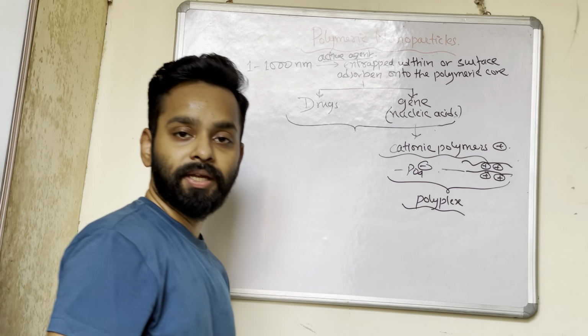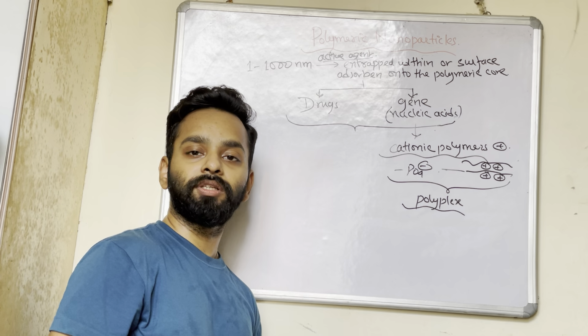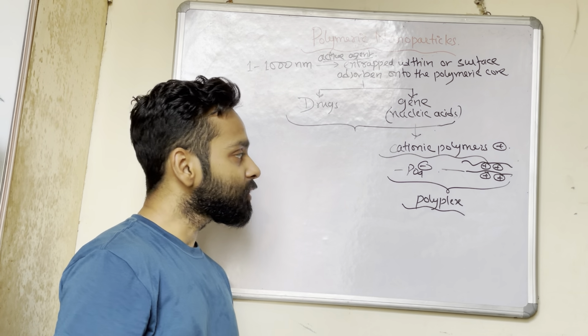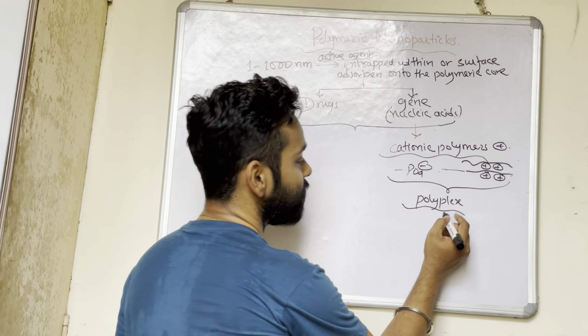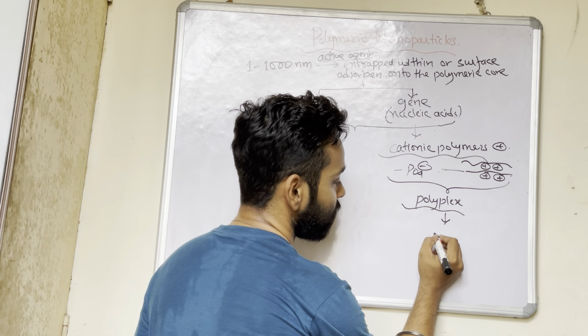These electrostatic interactions will be stable at the physiological pH. Now these polyplexes will then be used for delivery of these nucleic acids inside target cells.